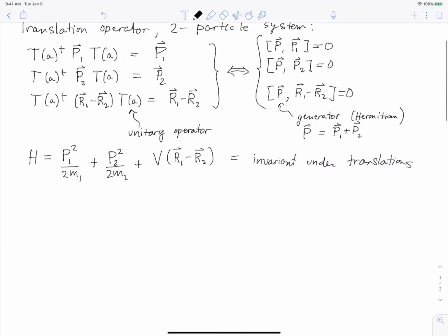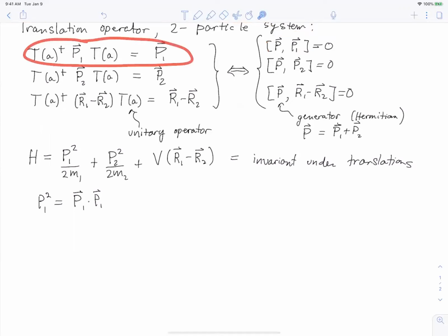So first of all, the P1 squared and P2 squared, those are just defined to be P1 dot P1 for P1 squared. That's the definition. And therefore, according to this statement right there, that part of the Hamiltonian is going to be invariant under translations. The same thing for this.